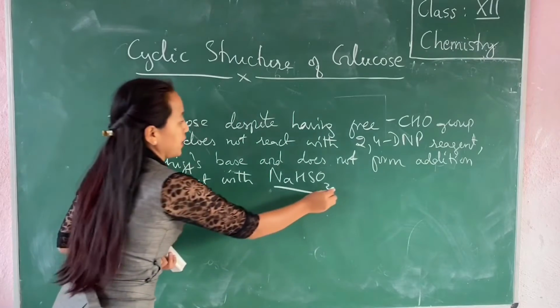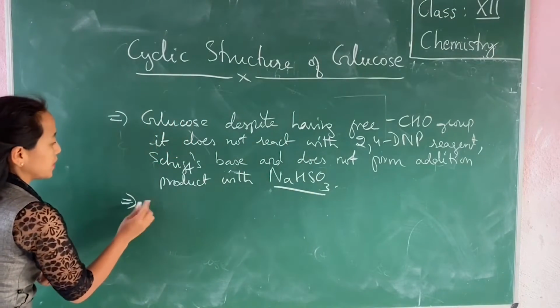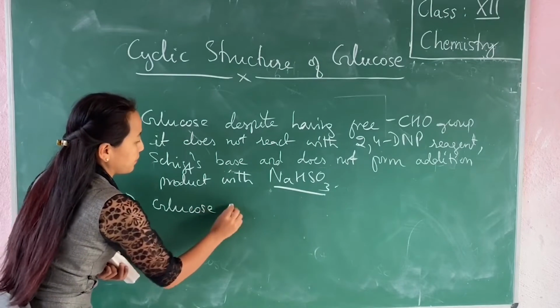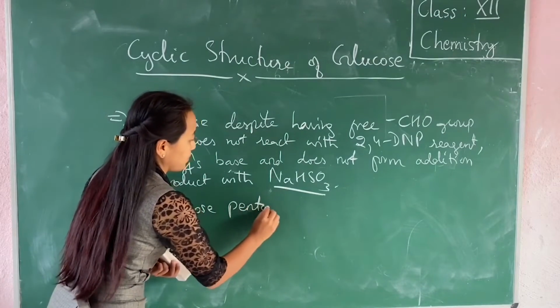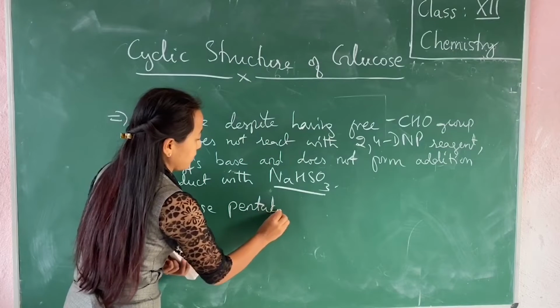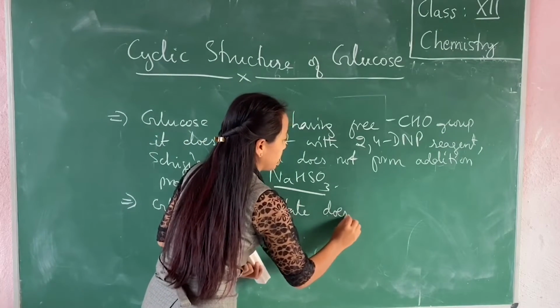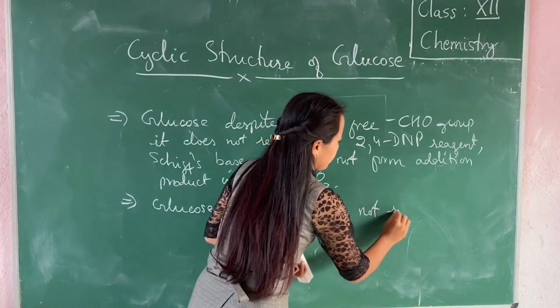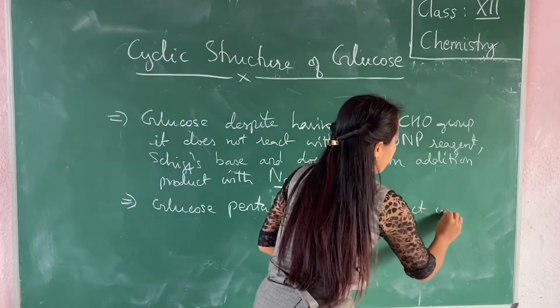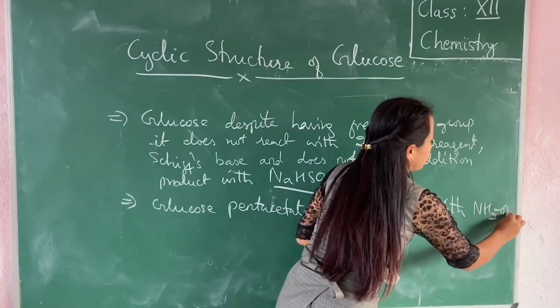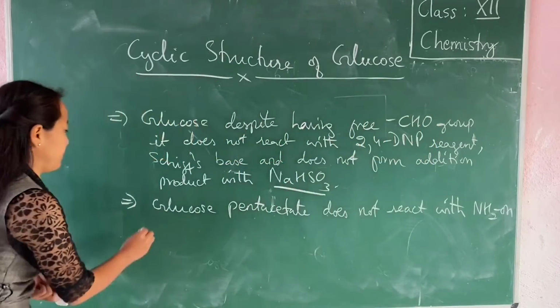And the next reason was that glucose pentaacetate does not react with NH2OH, that is hydroxylamine, to form an oxime.